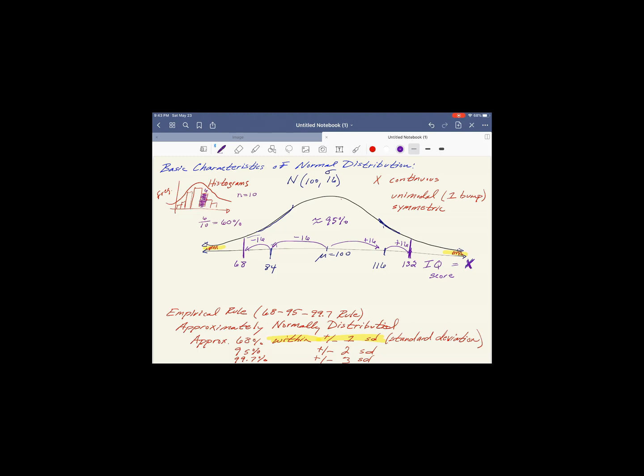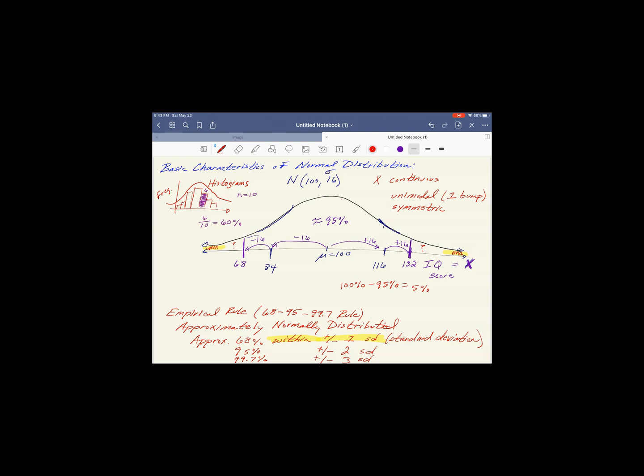We can actually use the symmetry of this picture to think about exactly how much area is in the tails of this picture. Because if we have 95% in the center here and we know we have 100% total under our curve, we can say 100% subtract 95% to consider how much area is not being included in the center, and that gives us 5%.